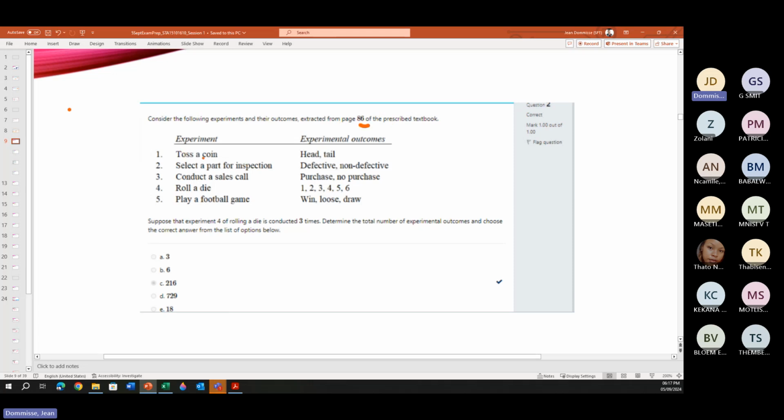So there's experiment and the outcomes. Suppose that experiment 4 of rolling a dice is conducted 3 times. Determine the total number of experimental outcomes and choose the correct answer from a list of options below.